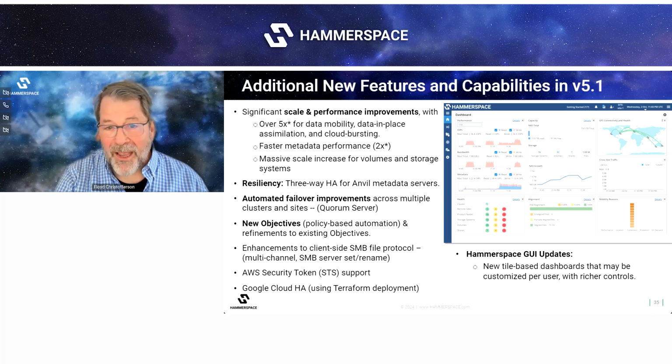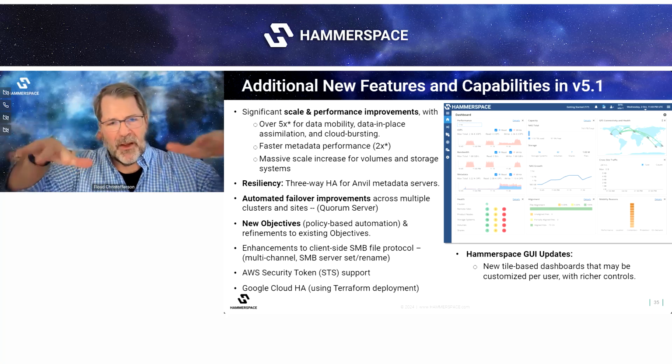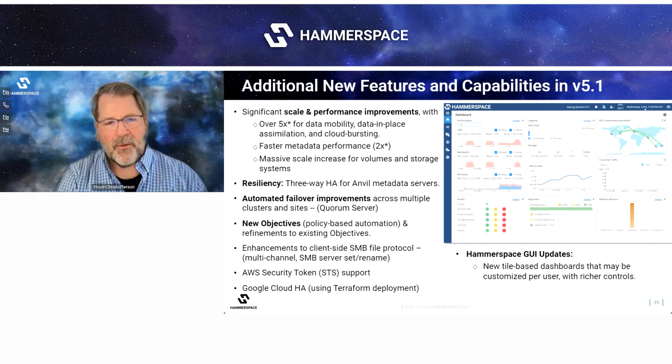But if you are at the high end, that's very important. The three-way resiliency, this is where already our Hammerspace metadata servers are HA and protected in multiple ways. But being able to do three-way HA across them, and then especially as you go across multiple clusters or sites, to have this quorum server, that's very important.